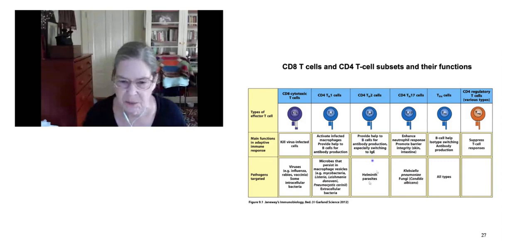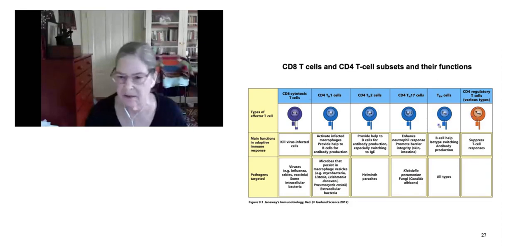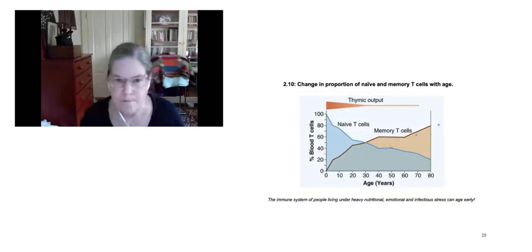So Th2 responses include allergy, but also responses against parasites associated with your mucosa. And then Th17 are going against neutrophils, for some kinds of bacteria and fungi. And they have, again, different kinds of cytokines. And then you have your T follicular helper cells and your regulatory T cells that can knock back all of these kinds of responses.